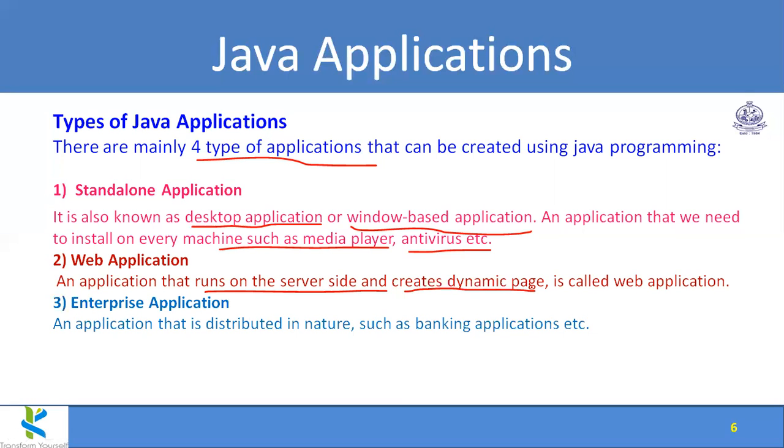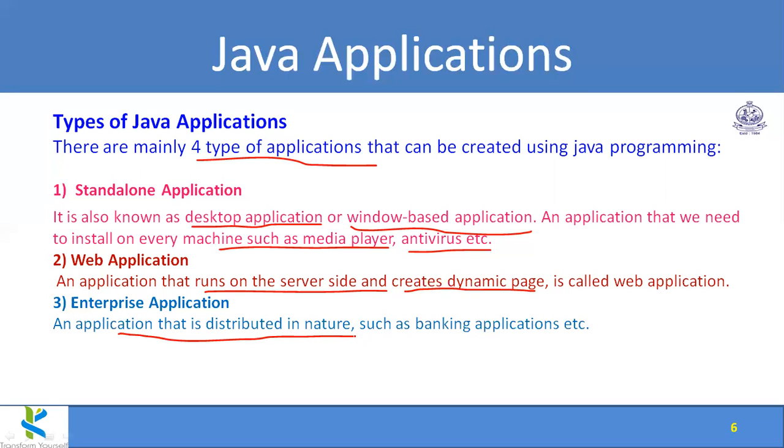The next category of application would be the enterprise application. These types of applications are distributed in nature. One part of the application will reside on my computer, and another part will be stored on another computer. Together, all these will work.